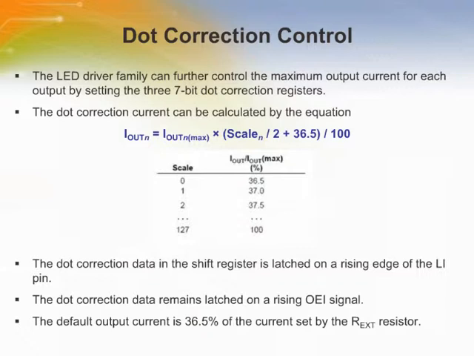The LED driver family can further control the maximum output current for each output by setting the 3 7-bit dot correction registers with scale data that ranges from 36.5% to 100% of the overall maximum output current that is set by the REXT resistor.